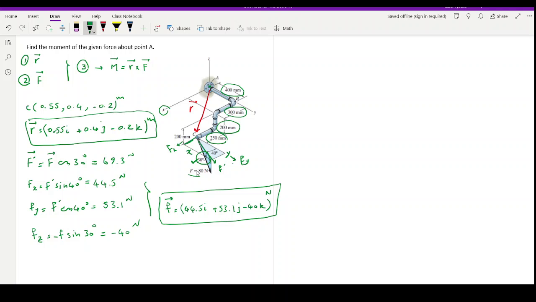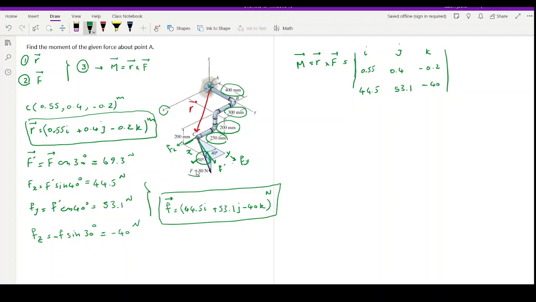Now I can form this M. M is R cross F, and that's going to be i, j, k again. My R is equal to 0.55, 0.4, and negative 0.2. And my F is 44.5, 53.1, and negative 40.